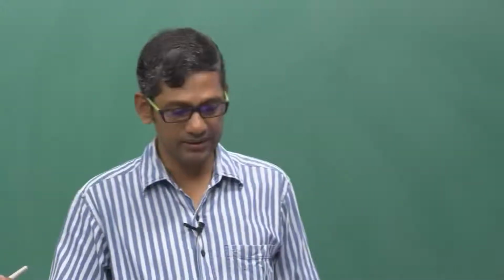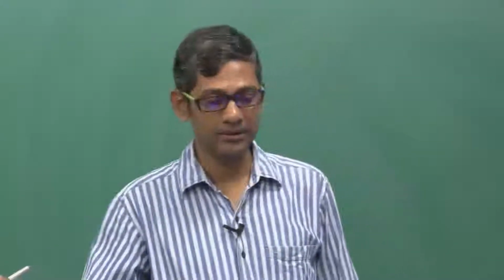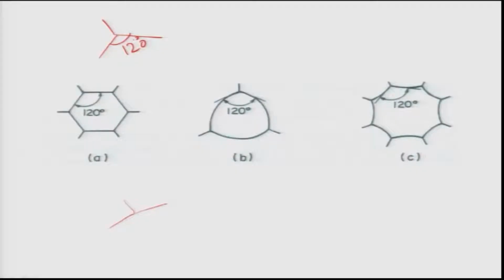Now, the question is, this 120 degrees exactly is only satisfied when the number of sides of the grain is 6. That means when it is a regular hexagon, only then will the angle be exactly 120 degrees. If it has fewer than 6 sides, the angle will not be 120 degrees, and in order to make the angle 120 degrees, the boundaries will get curved, that is what you see, and when it has fewer than 6 edges these curved boundaries will be convex.